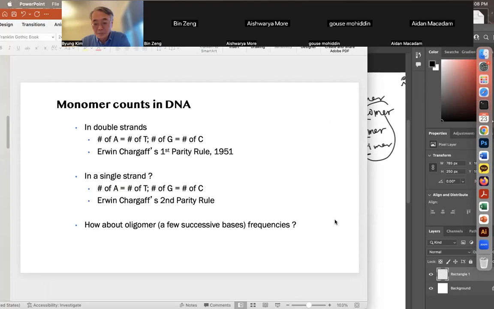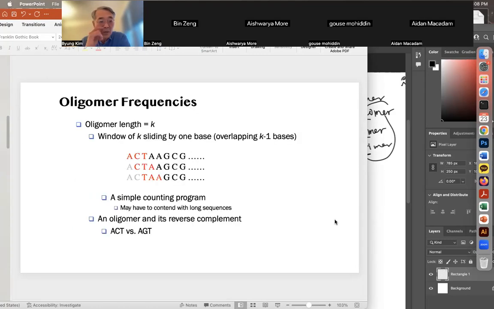It's a simple counting problem. If the oligomer length or window size is k, in this example k is equal to 3, a trimer, then this slides along the sequence one base at a time, and you count the particular trimer and see how many of them occur in the given sequence.